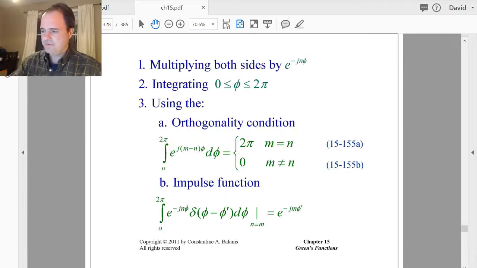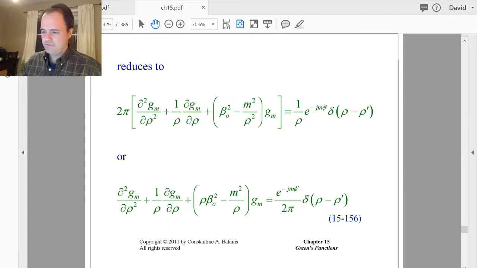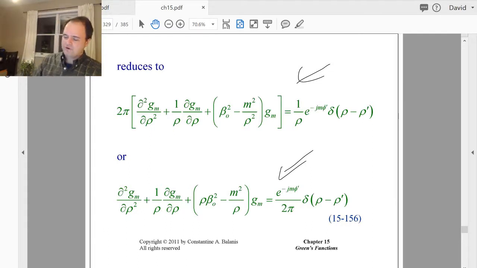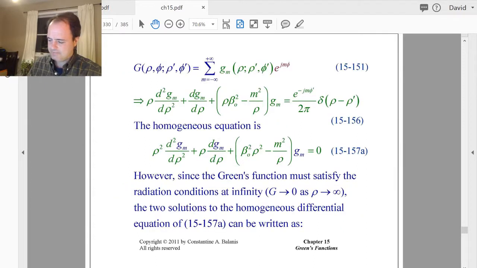We're going to multiply both sides by e to the minus j n phi and integrate from 0 to 2 pi and use the orthogonality condition to get to this equation right here, which gets you down to this equation for lowercase g_m. All right, and so now we can use. So this is what we get.